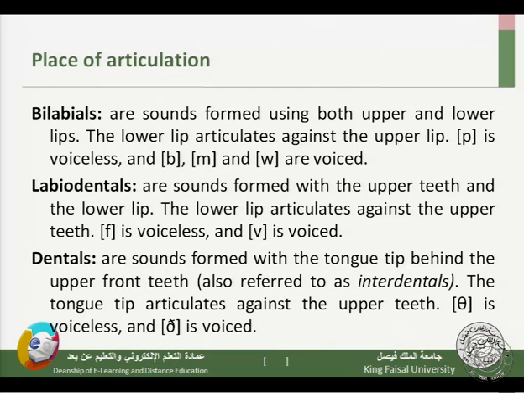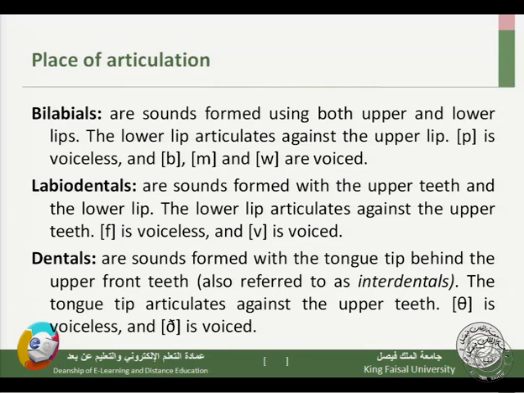So we will start with the bilabials. What is meant by bilabials? The bilabials are sounds formed using both upper and lower lips. When we use mainly our lips to produce sounds, those sounds are called bilabials.